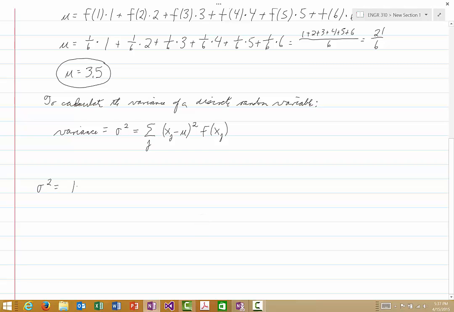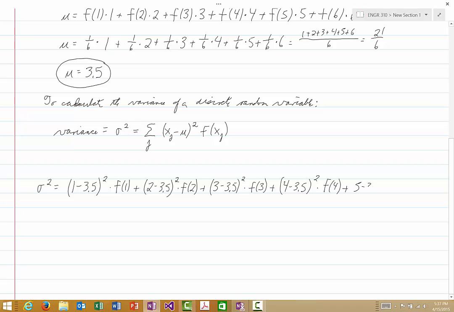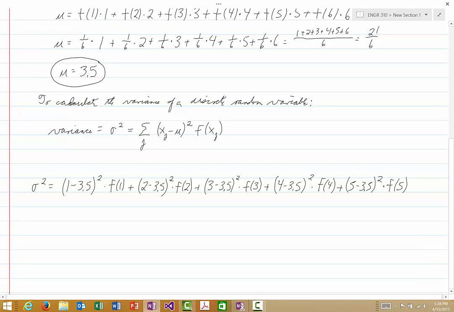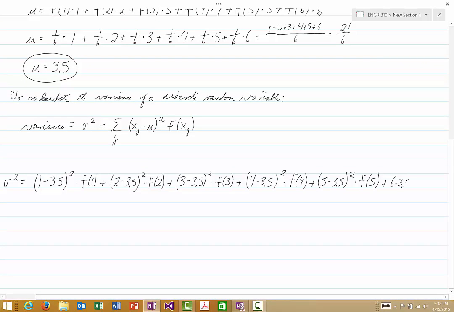So we will have 1 minus 3.5 squared times f of 1, plus 2 minus 3.5 squared times f of 2, plus 3 minus 3.5 squared times f of 3, plus 4 minus 3.5 squared times f of 4, plus 5 minus 3.5 squared times f of 5, plus 6 minus 3.5 squared times f of 6.